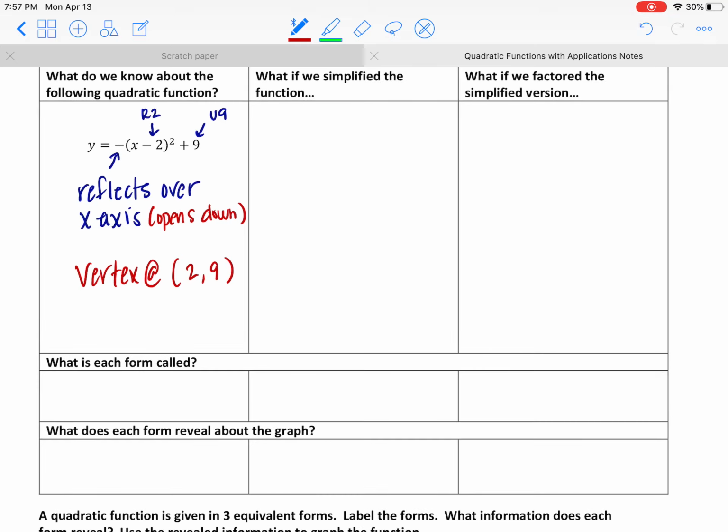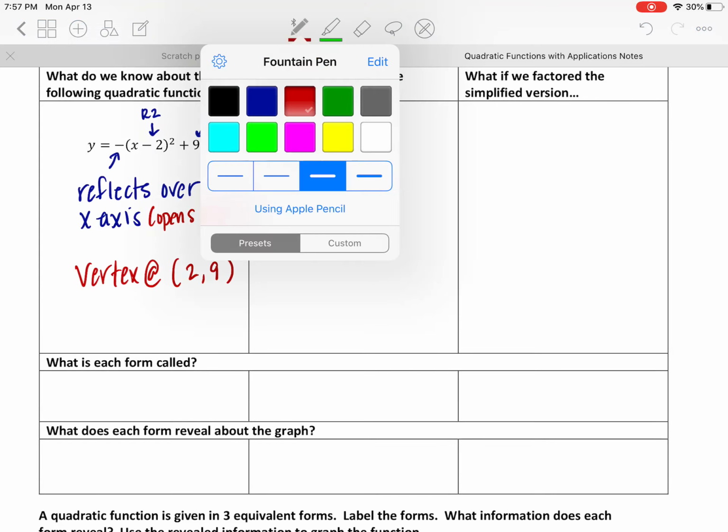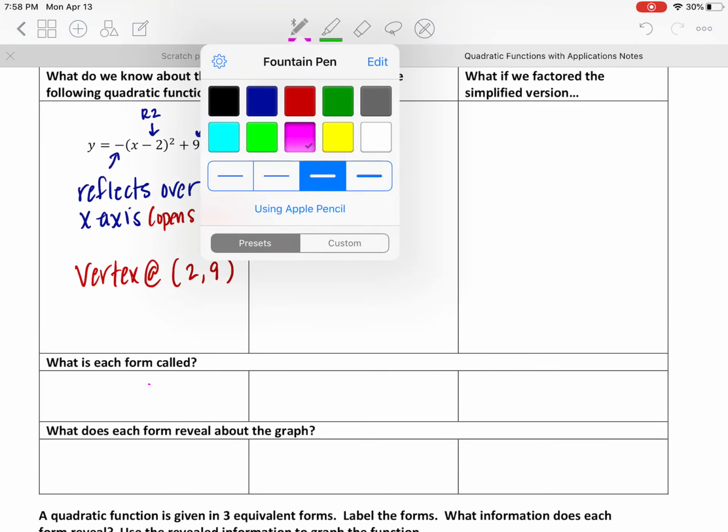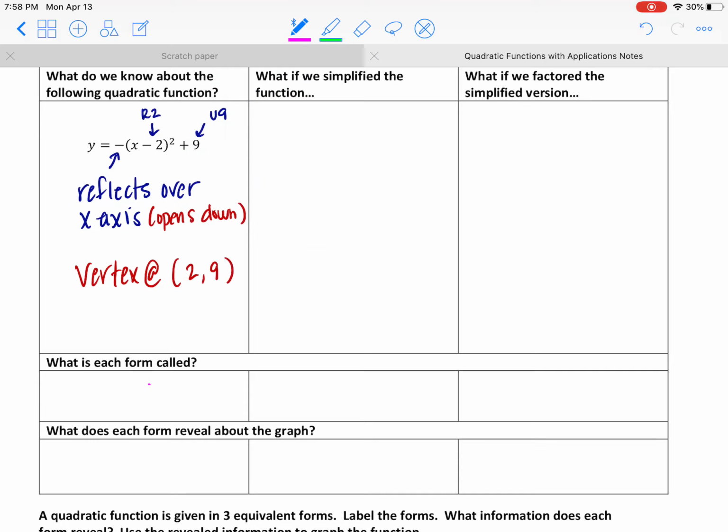So just by looking at this, now we call this form vertex form. This is what we call the vertex form of a parabola. The general vertex form, which I think we've put in notes before, if we took out the numbers, we would be looking at y equals a(x minus h) squared plus k.